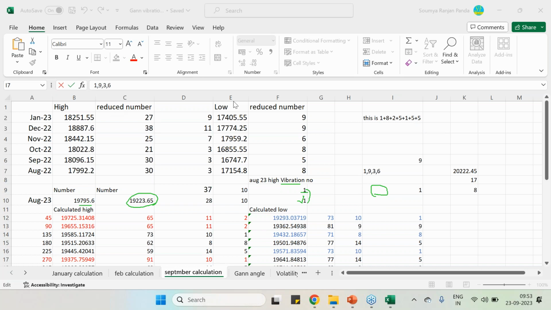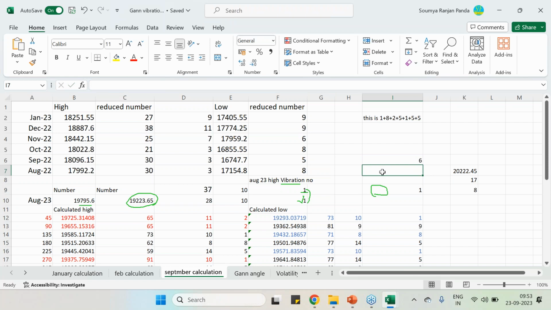Deepak ji is asking about 6. Sum of digits is 6, so what will the vibration numbers be? 3 into 2 is 6. 1 is universal, it will be there. 6 is already there, so 6 is direct. Derived will be 2 and 3, since 2 into 3 is 6. Then you can split into 5 plus 1, so 1 is there and 5 also can come.